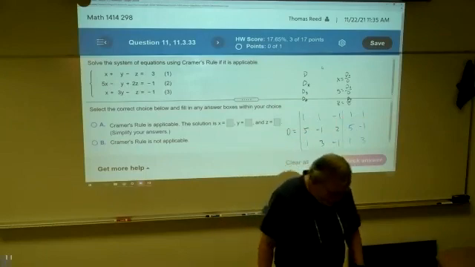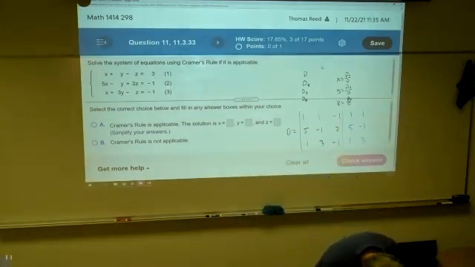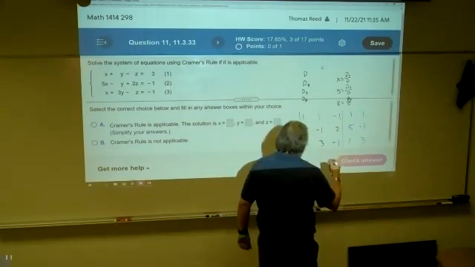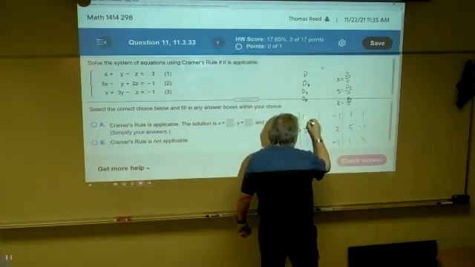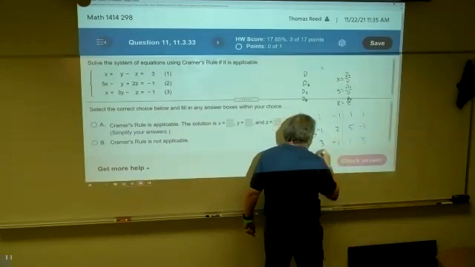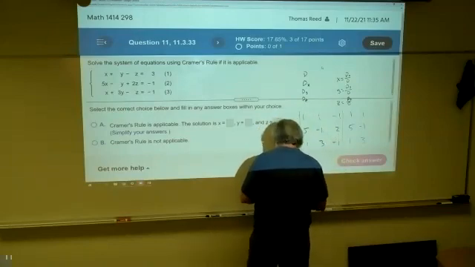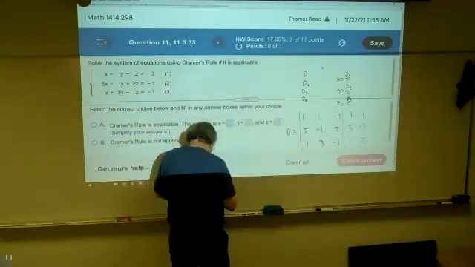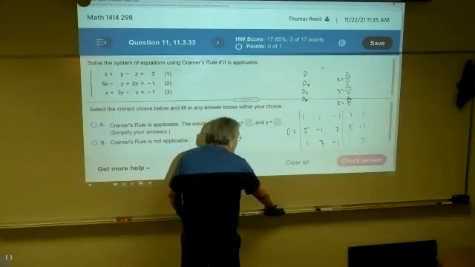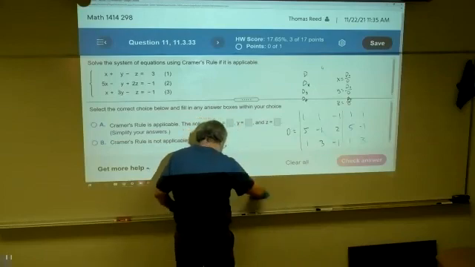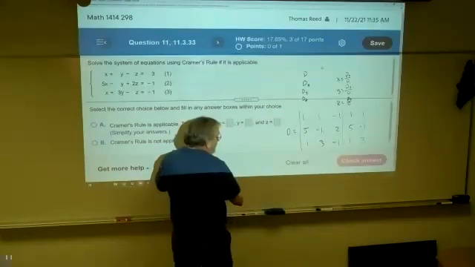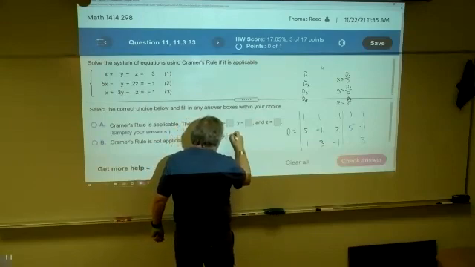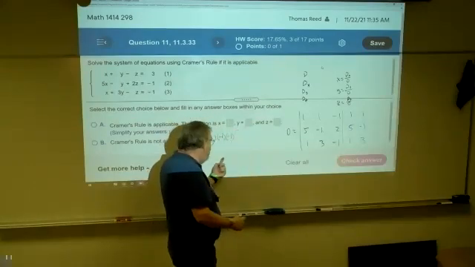So my diagonals, here I have this diagonal here. That's the main diagonal. So I'm multiplying 1 times -1 times -1, which ends up being a +1.